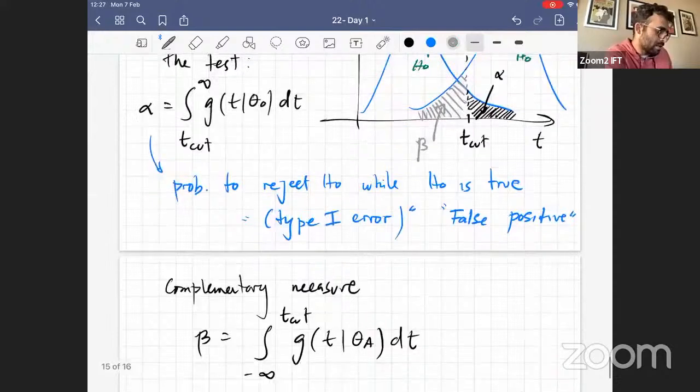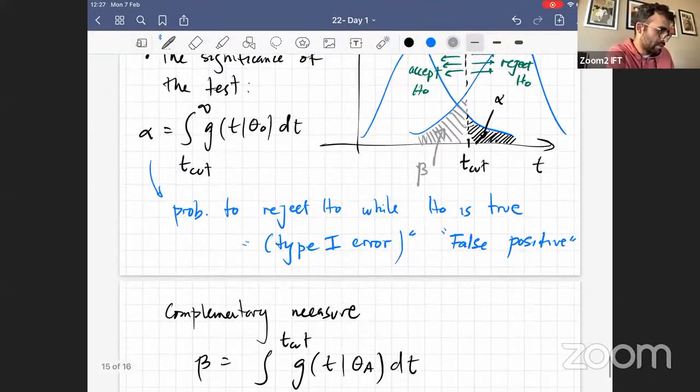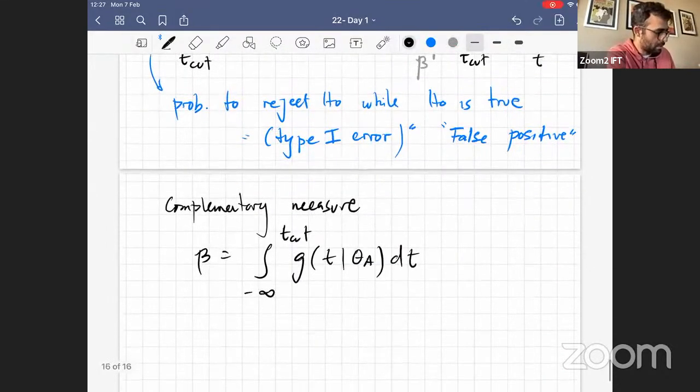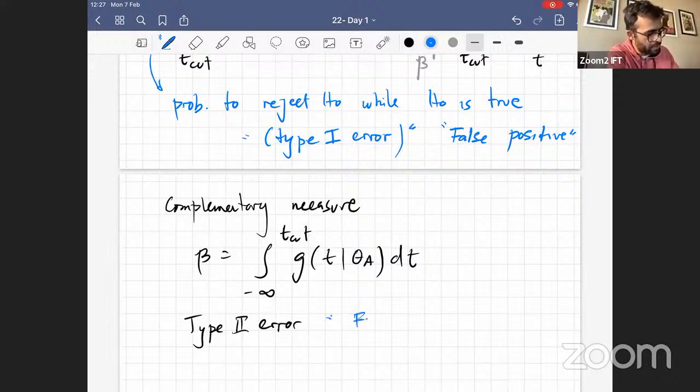So beta is another type of error, the so-called type 2 error, or false negative.